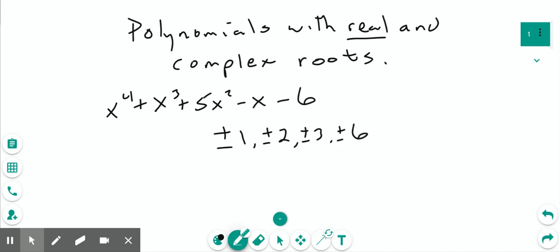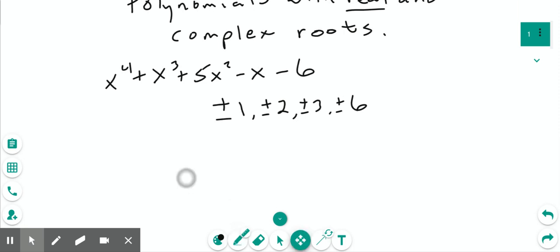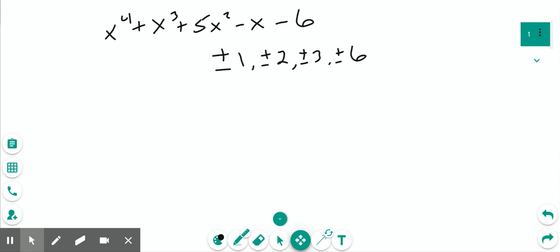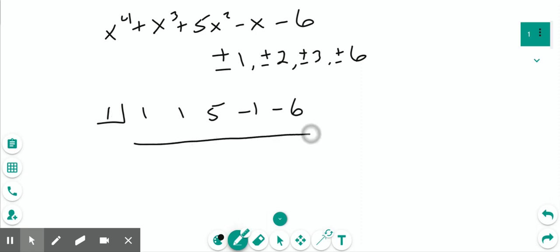Okay, so now that we've got that, let's try some of these. We're going to take the coefficients, and the coefficients are going to be 1, 1, 5, -1, -6, and let's start with 1 and see if that works.